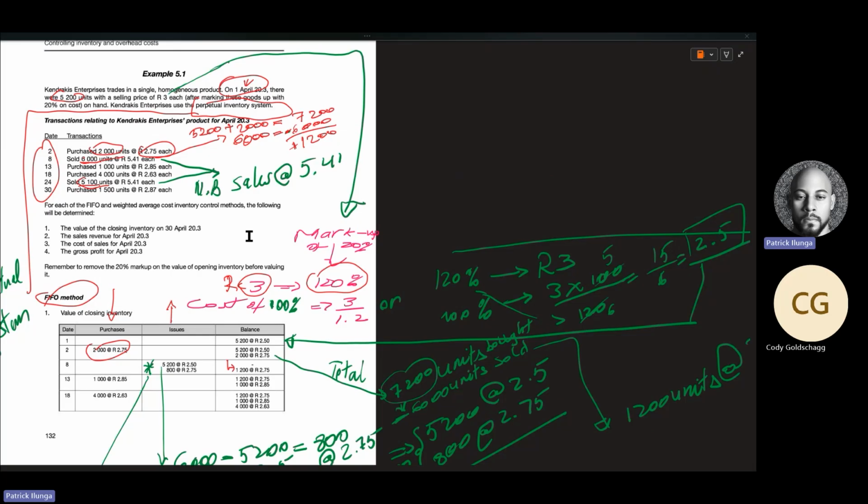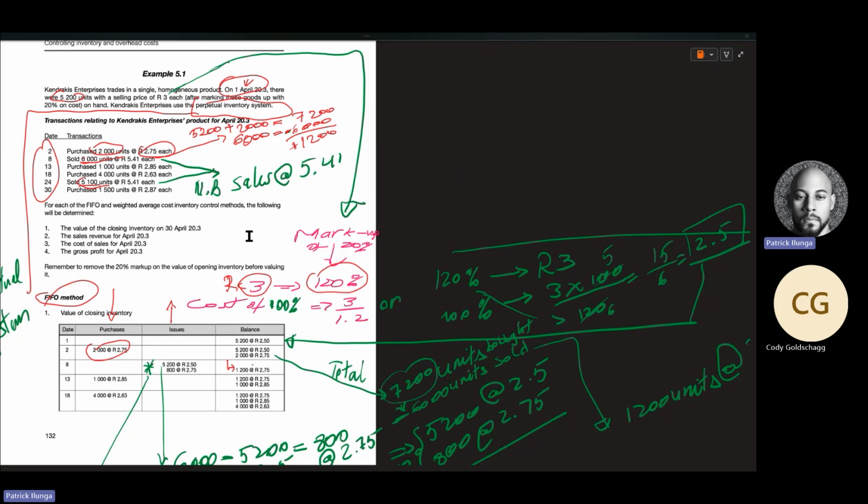But then they also give you transactions for the month. There's more than one. At the beginning, you can call that the opening balance. There will always be an opening and a closing balance when it comes to accounting, because you are accounting.